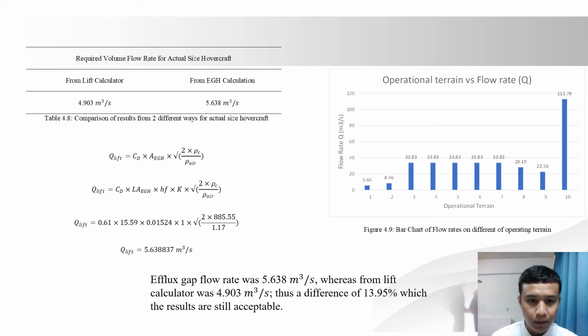The lift formula is Q lift equals C D times A E G H times the square root of 2 rho C over rho A. This is the graph. Okay, the 5.63 is only for ground, the ground.